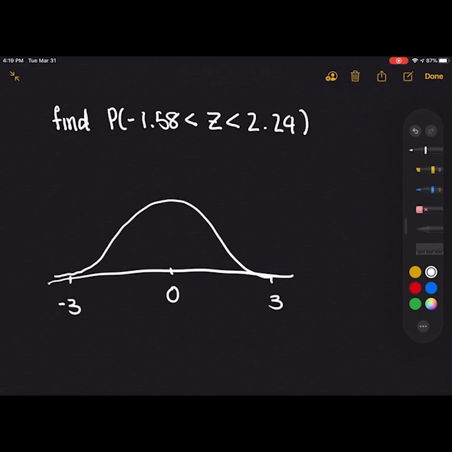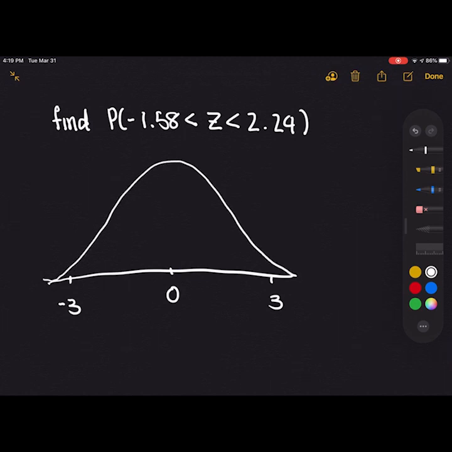So 2.24, actually, let me fix it a little bit. Normal curves are always going to look more like, okay, that's a lot better. So 2.24 is probably going to be around right here, and negative 1.58 is probably going to be around right here.